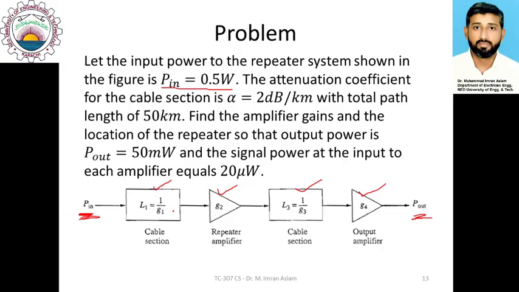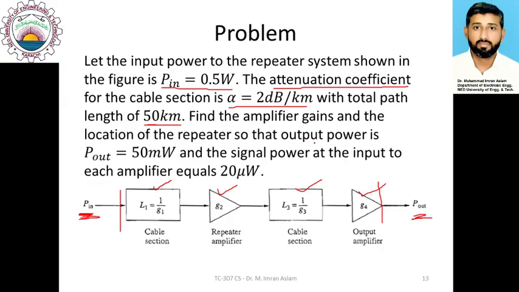So typically the cable losses are illustrated in terms of an attenuation coefficient, which is the loss on a per kilometer basis. This cable section has a loss of 2 dB per kilometer. So if you have a 1 kilometer length of cable, there will be a loss of 2 decibels. We are given that the total path length of the system is 50 kilometers, so from this stage to this end we have a total length of 50 kilometers.